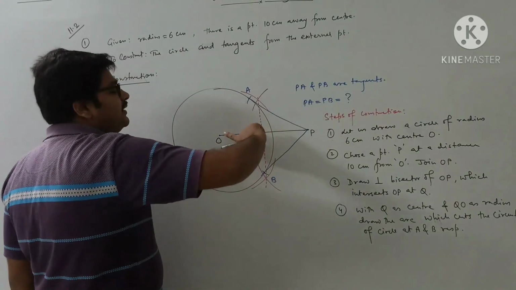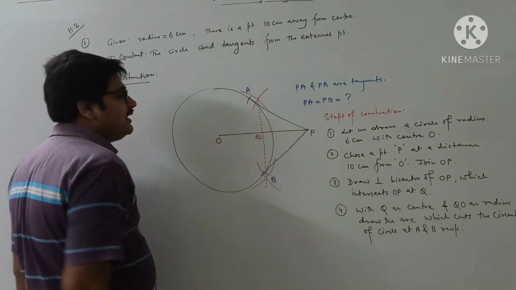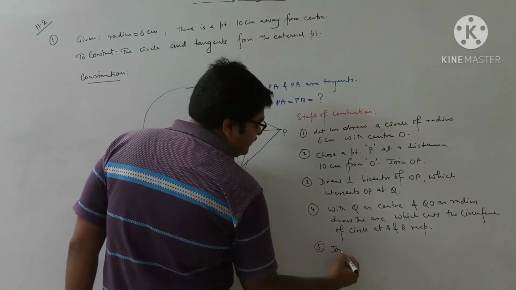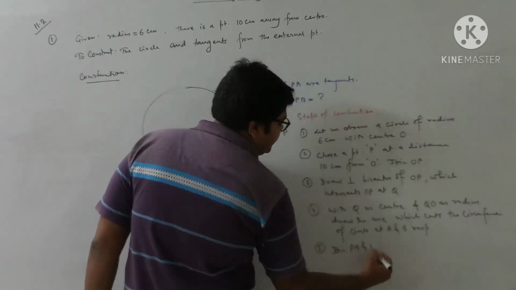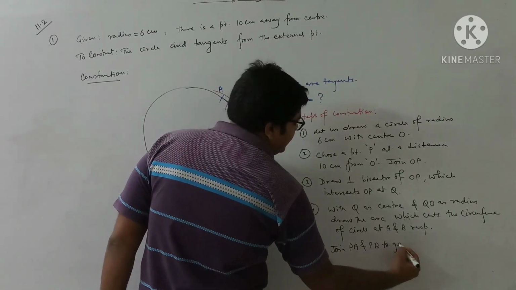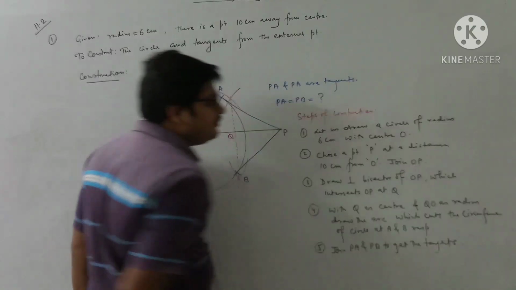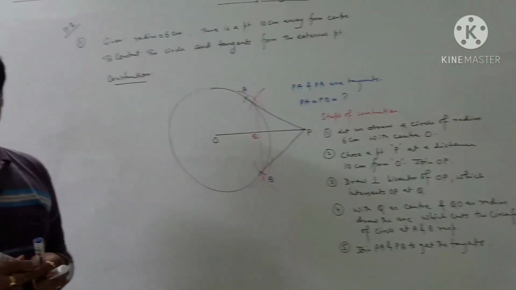With Q as center and QO as radius, we have drawn the arc which cuts the circle at A and B respectively. Join PA and PB to get the tangents. Bas, completed the steps of construction.